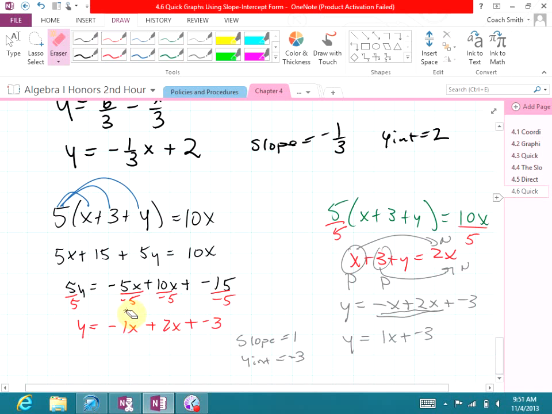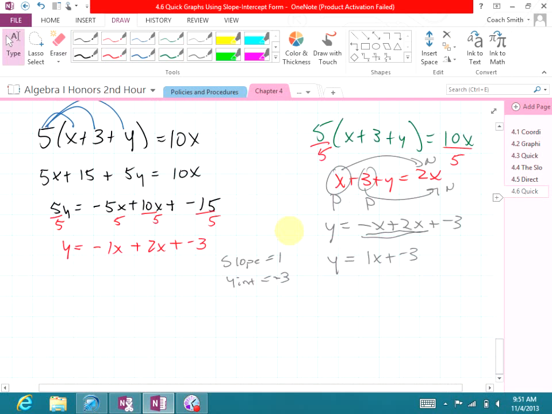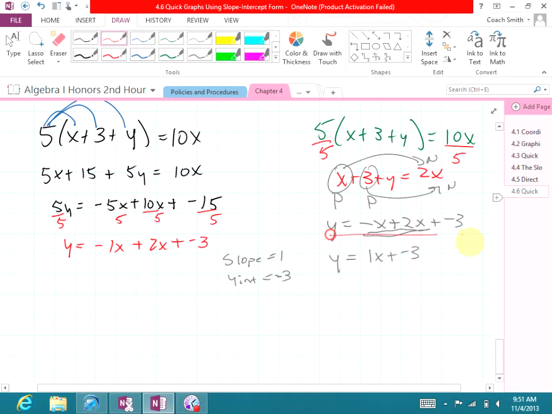Oops, hang on here. That's not negative 5, I'm dividing by 5. And then that gives you the same thing you had right here. Those two are the same. So that gives you still y equals x plus negative 3. Same thing, you get the same answer. Obviously, it's a little easier if you just divide both sides by 5. Then you would have to graph that.